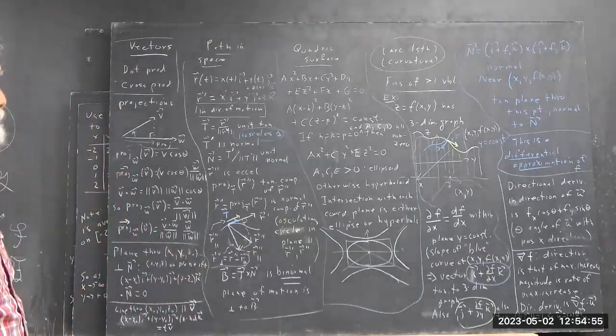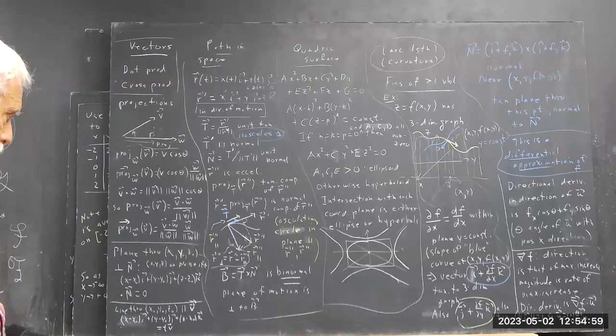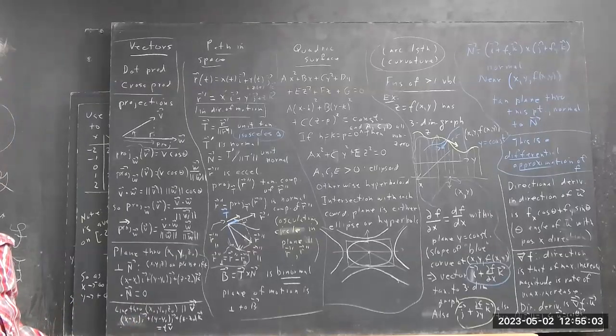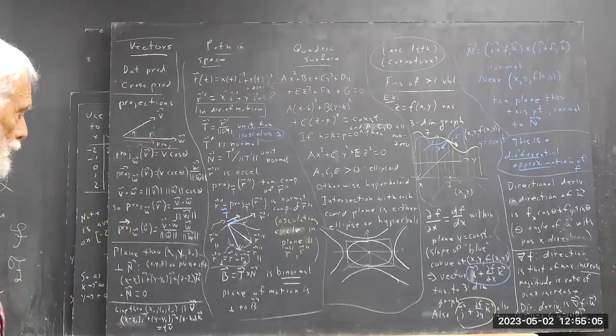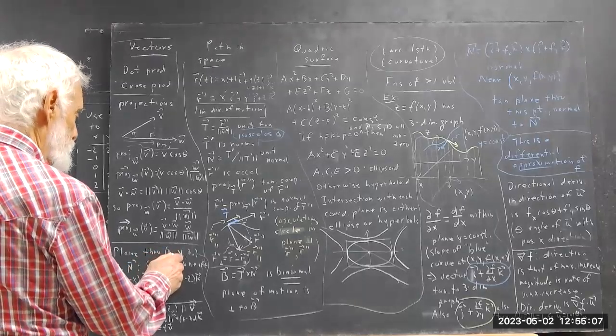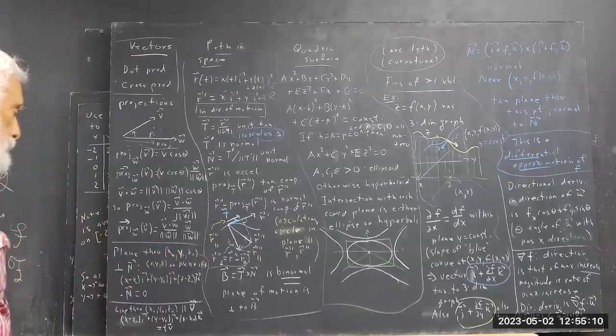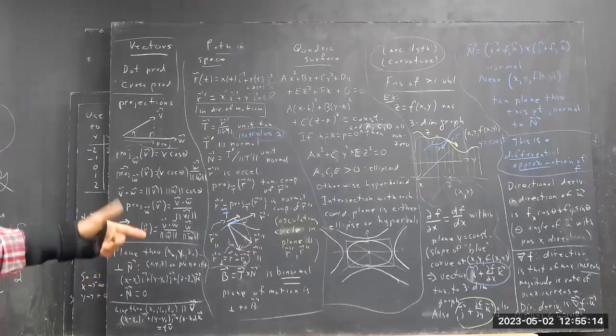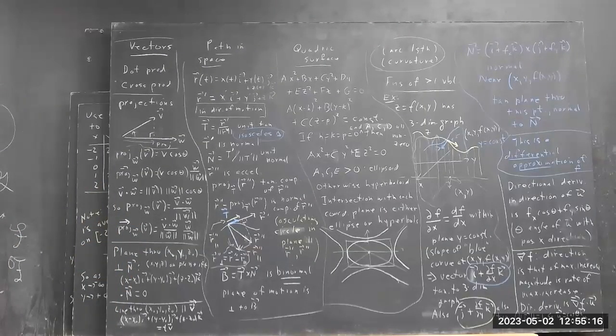Okay, so anyway, let's go to planes. It's also a weakness, the idea of planes. It's a simple idea. A plane through X naught, Y naught, Z naught, perpendicular to some vector n, which will be our normal vector. Okay.